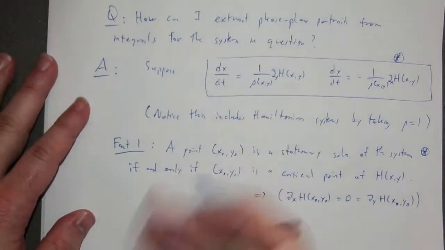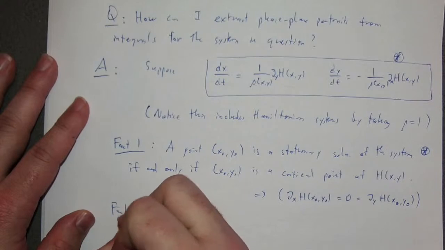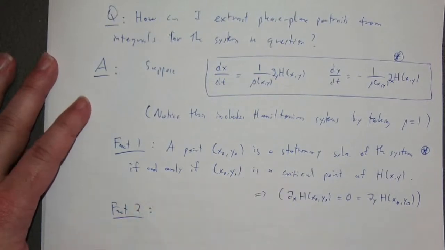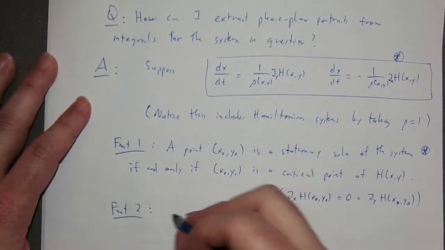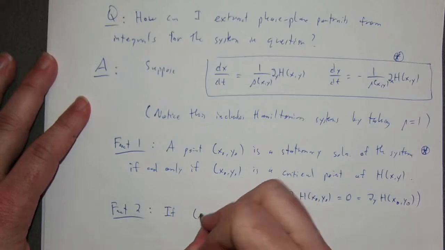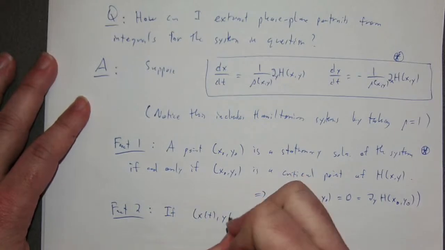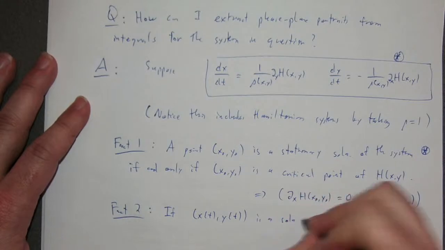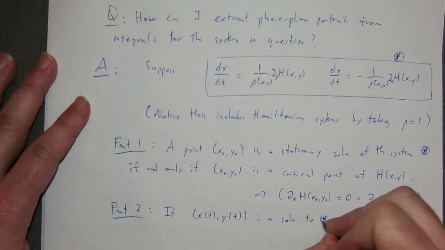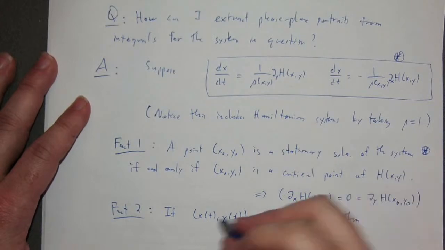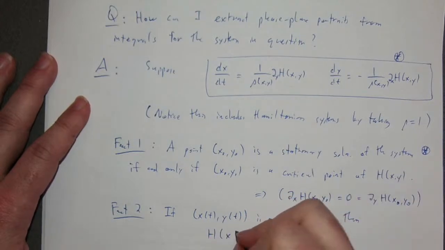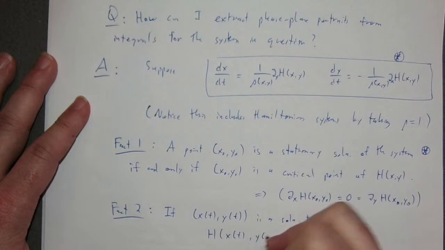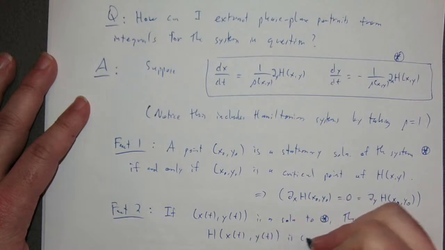And fact 2: if x of t, y of t is a trajectory, that is a solution, then h of x of t, y of t is constant.